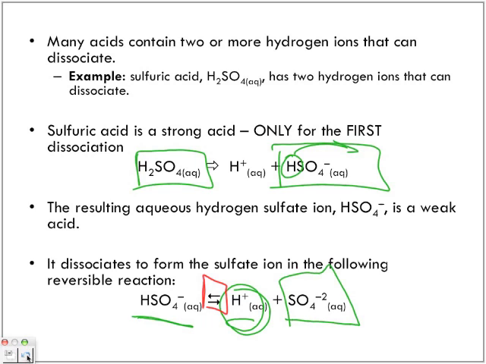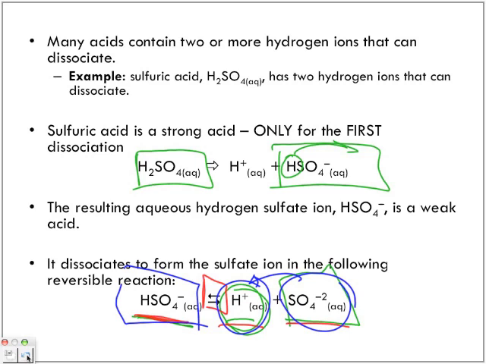As quickly as this is able to dissociate into this and this, these same 2 things will come together to reform the weak acid. It's like they come apart and then come back together.